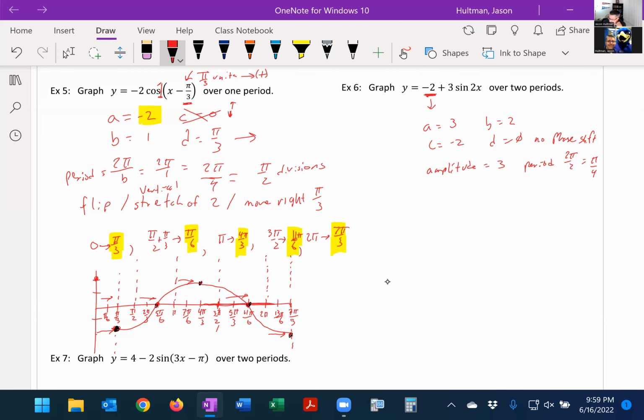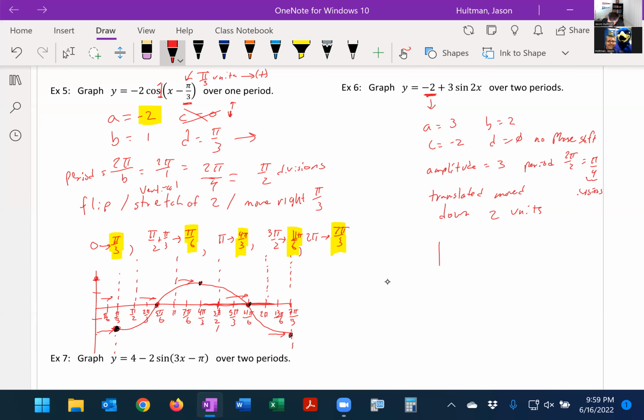So I'm going to use divisions of pi/4 for my divisions. No phase shift, which is kind of nice, but everything is going to be translated, or moved, down 2 units. So let's see what this one looks like.